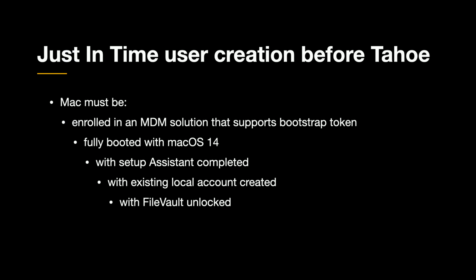But the just-in-time user creation at the login window requires that the Mac must be enrolled in an MDM solution that supports Bootstrap token, fully booted with macOS, with the Setup Assistant completed, with the existing local account created, and with FileVault unlocked. And all that's out the window with Platform SSO and macOS 26 Tahoe.